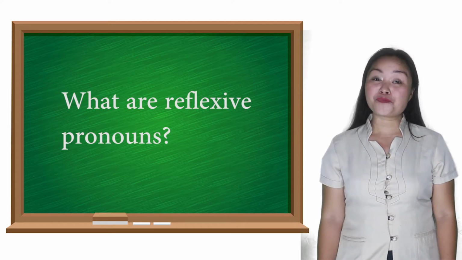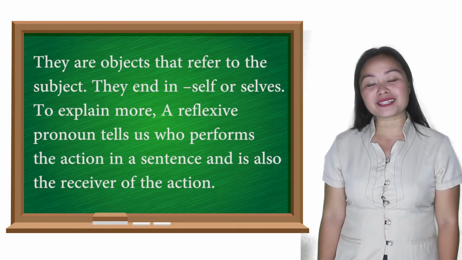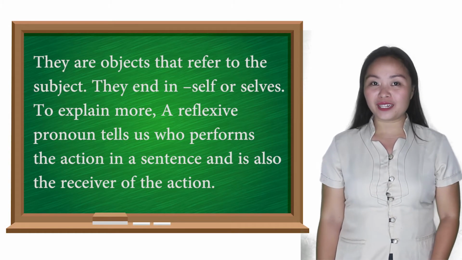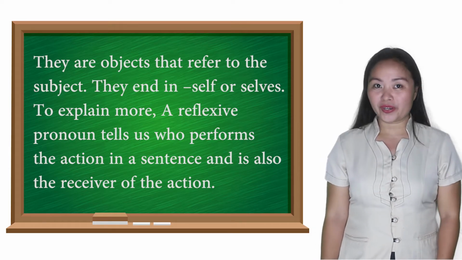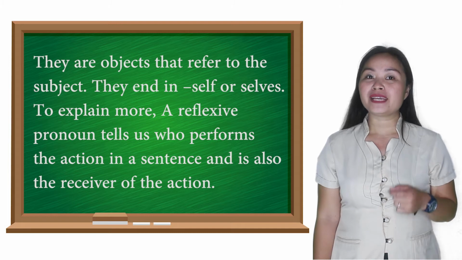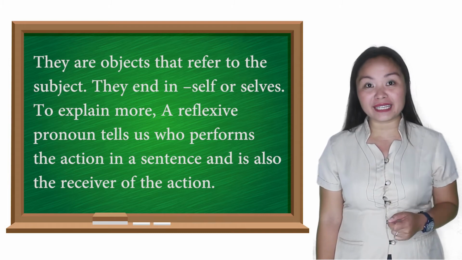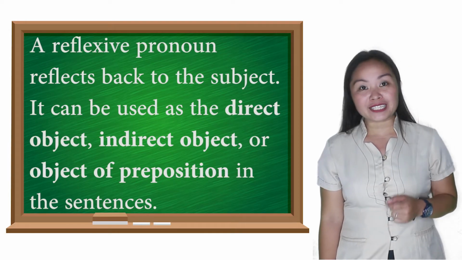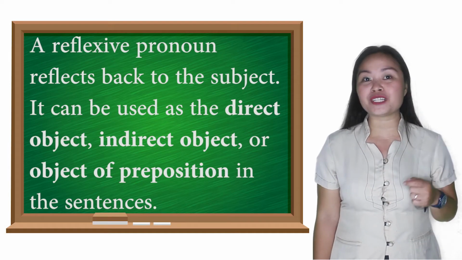What are reflexive pronouns? They are objects that refer to the subjects. They end in self or selves. To explain more, a reflexive pronoun tells us who performed the action in the sentence and also the receiver of the action. A reflexive pronoun reflects back to the subject.